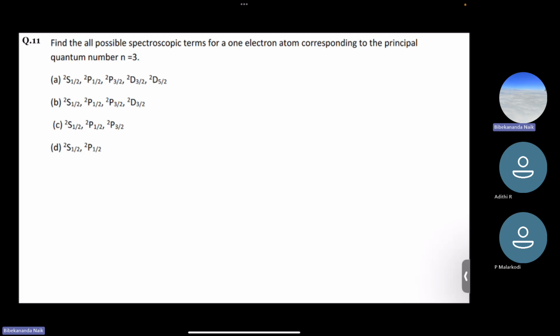Okay. So if you see here, n equals to 3 means L will have values 0, 1, 2.